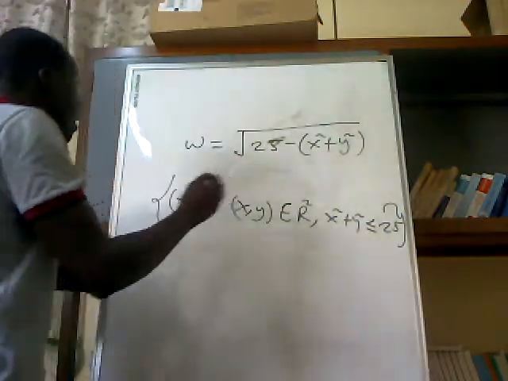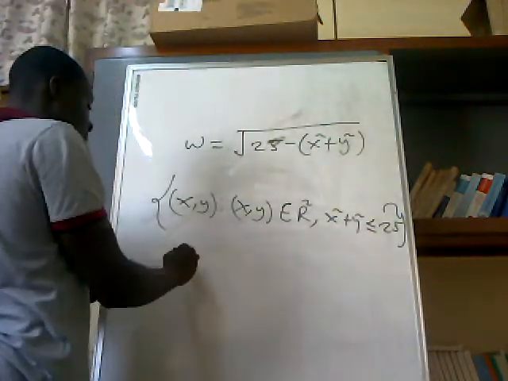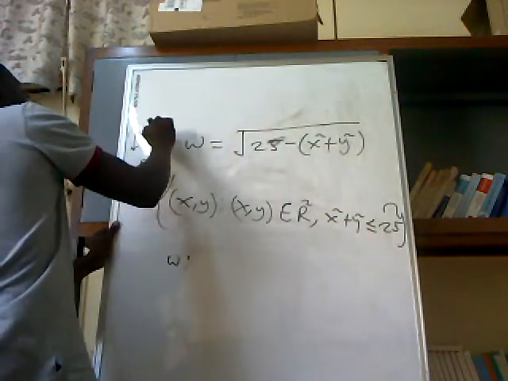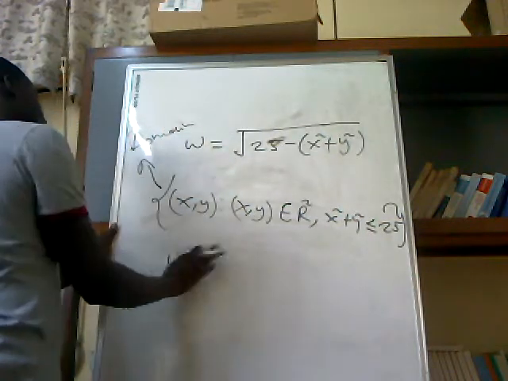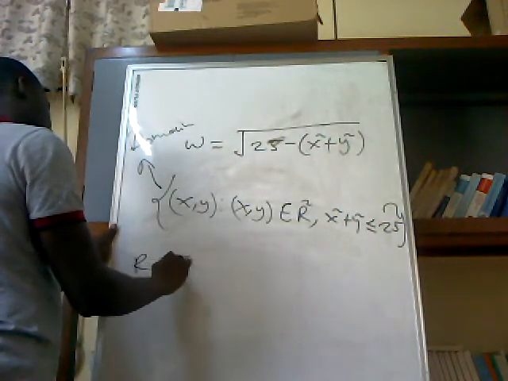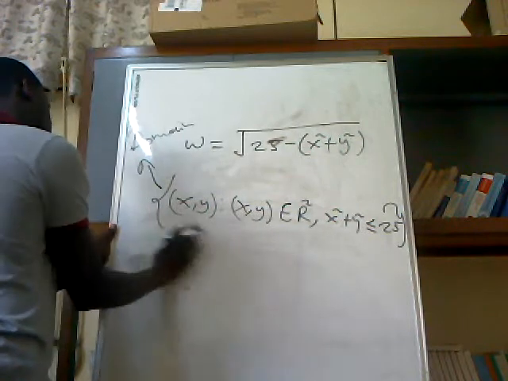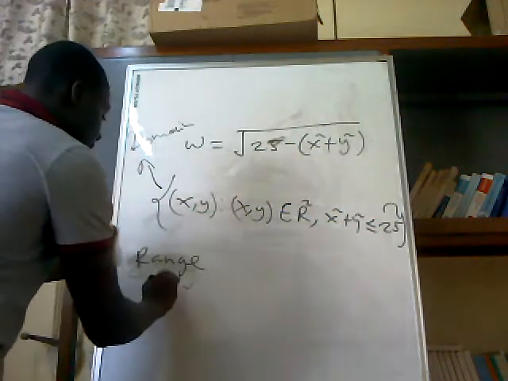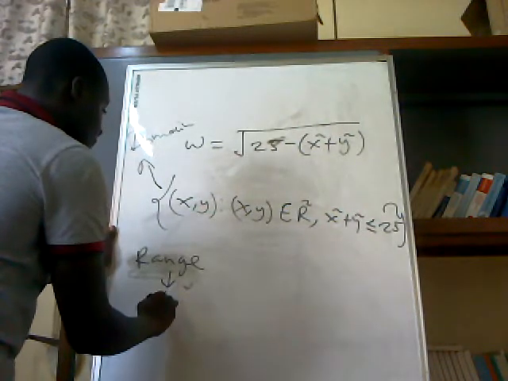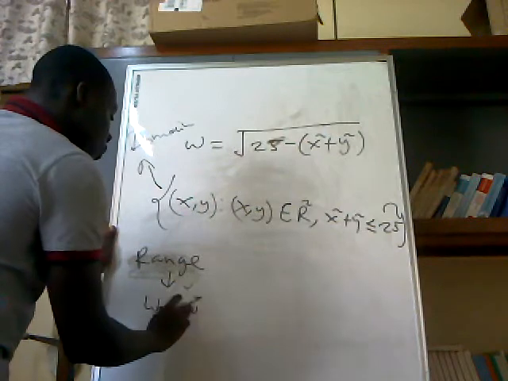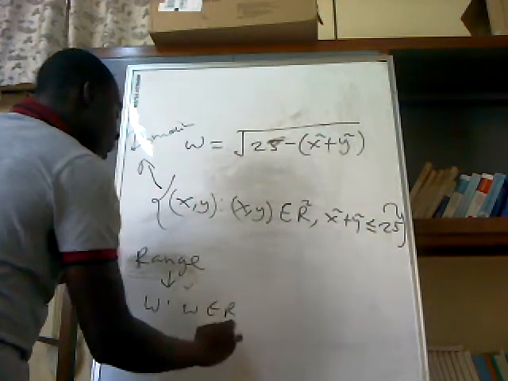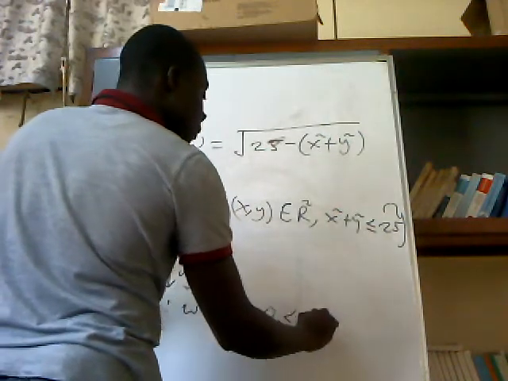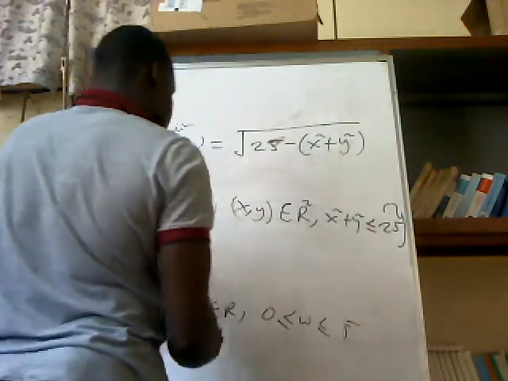So we say that our range W is such that W belongs to R, but W must be between 0 and 5.